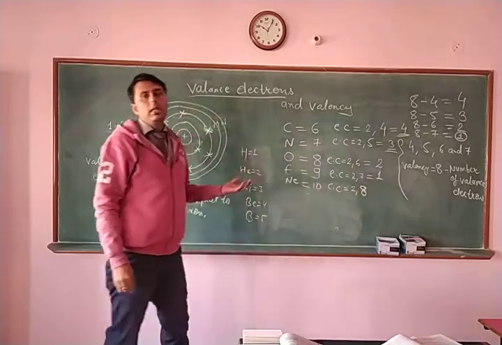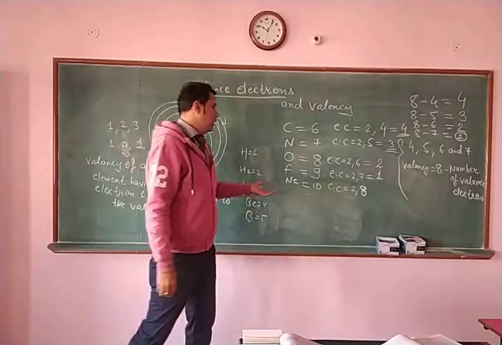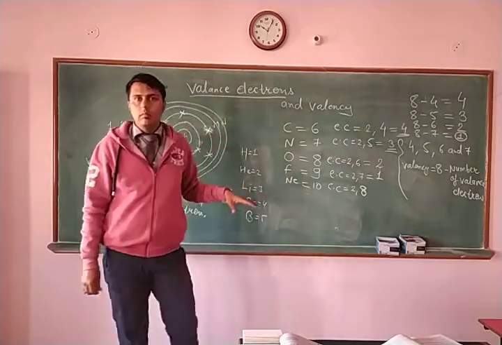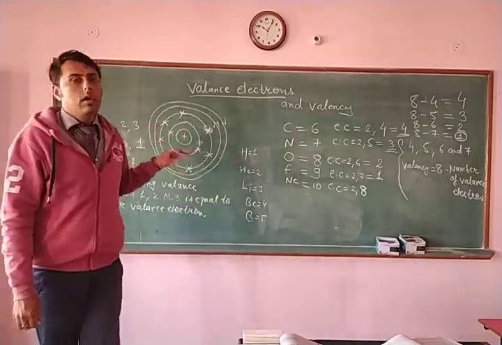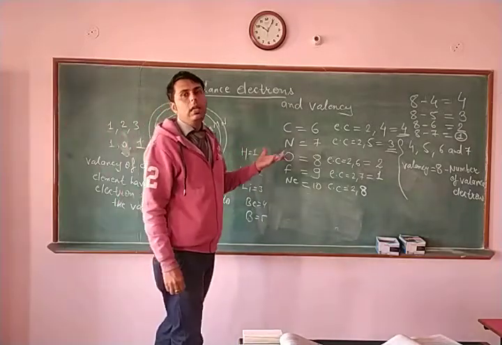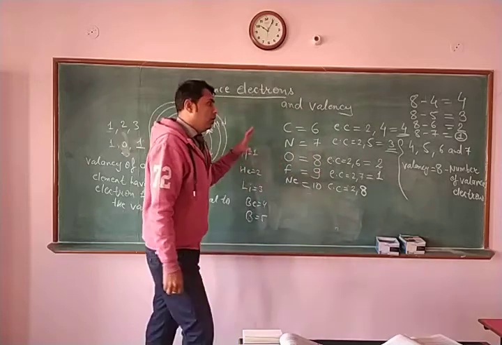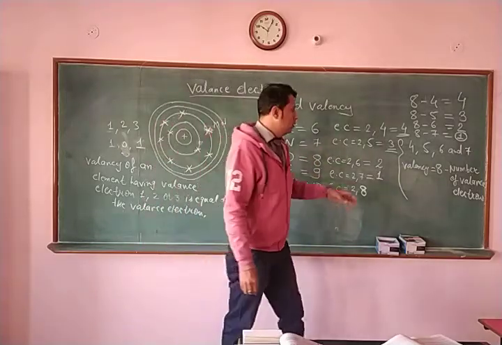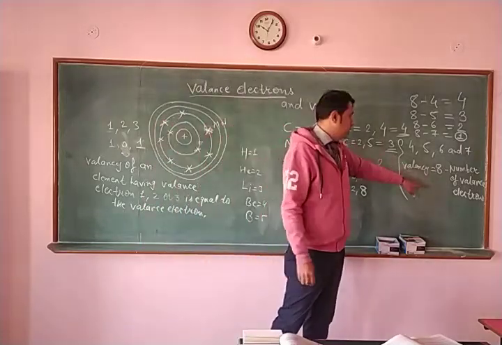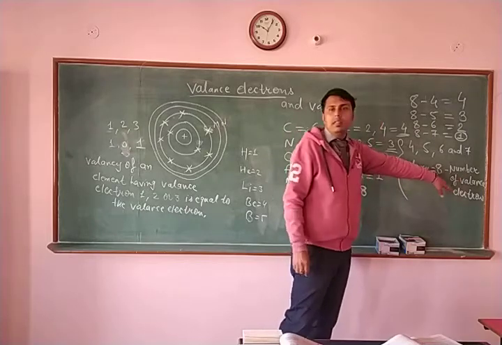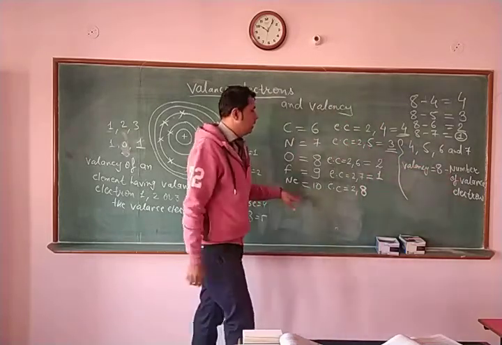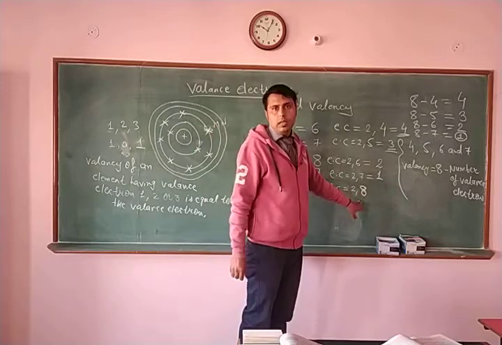And as we have seen for noble gases, they are very, very less reactive because they don't have any unpaired electron in the outermost shell. So we go through with the formula which we have taken: valency equals 8 minus the number of valence electrons. For neon, the number of valence electrons is 8.